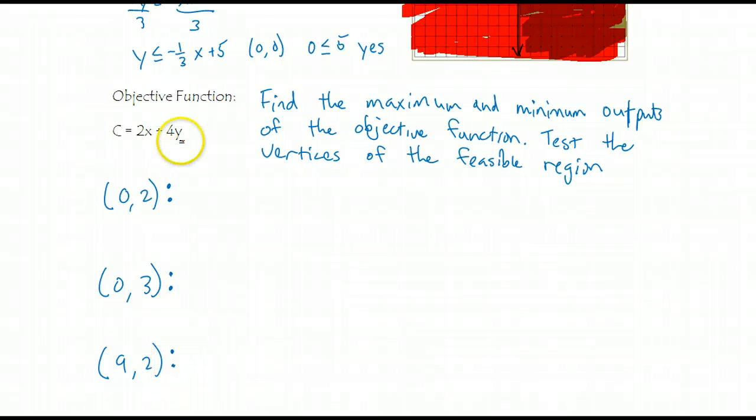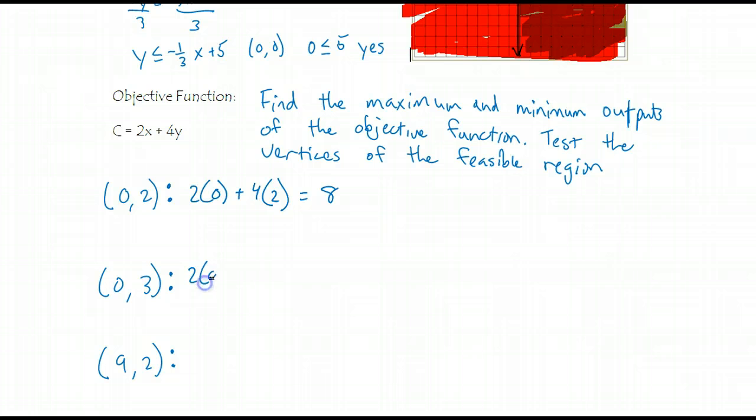To test them, I'm going to plug them into this objective function. I'm going to plug 0 in for x and 2 in for y, and I end up with 8. And I'm going to plug 0 in for x and 3 in for y, and I end up with 12.